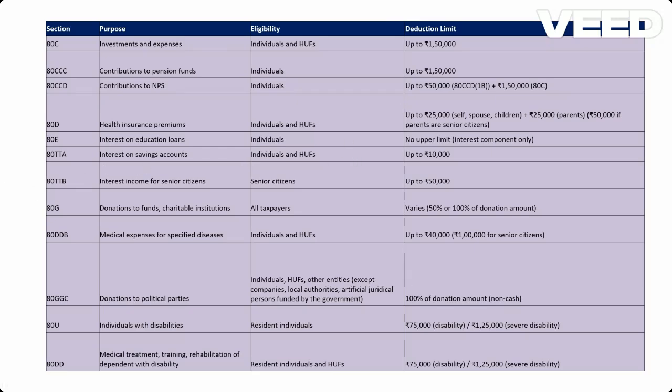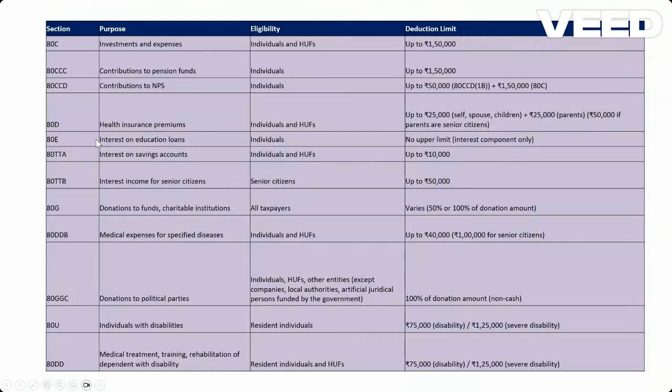As I mentioned, NPS is the National Pension Scheme, where you can show a deduction of 50,000 in addition to the 1,50,000 under 80C, so it consists of both.